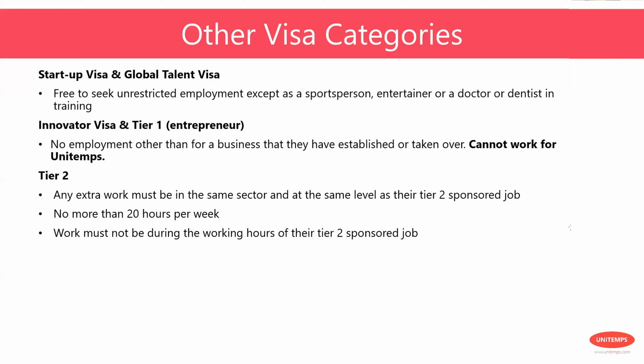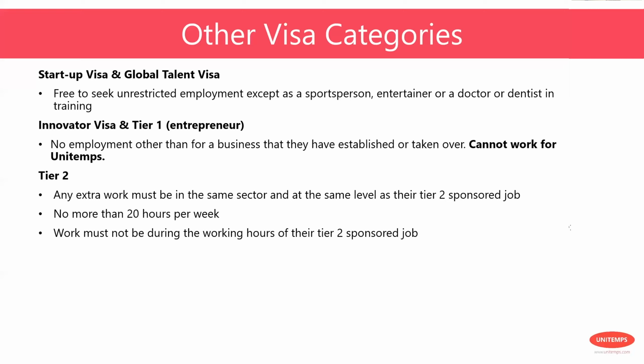I should say as well, when the government says a 20-hour per week restriction, that's per week. You can't average hours or anything like that. It has to be no more than 20 hours in any individual week. And that applies to student visas as well.